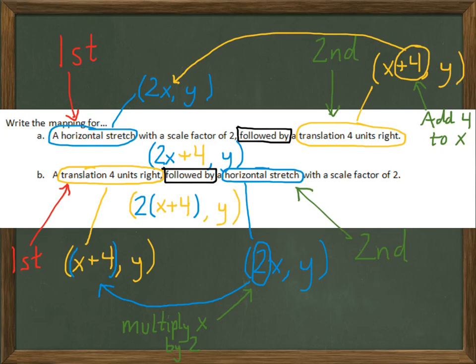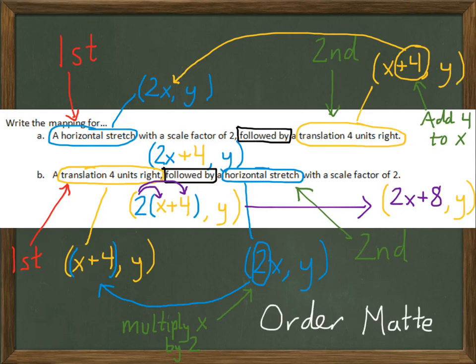So I'm going to multiply the entire x plus 4 times 2, because that's what the mapping said to do. Distributing that 2 would lead me to conclude that the mapping is (2x plus 8, y). Notice again that changing the order made a big difference. So the main thing I want you guys to get is that order matters.